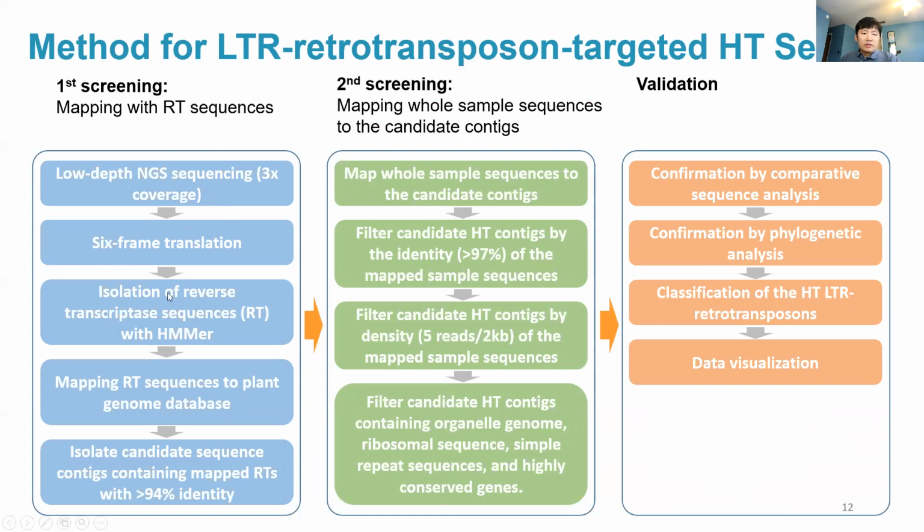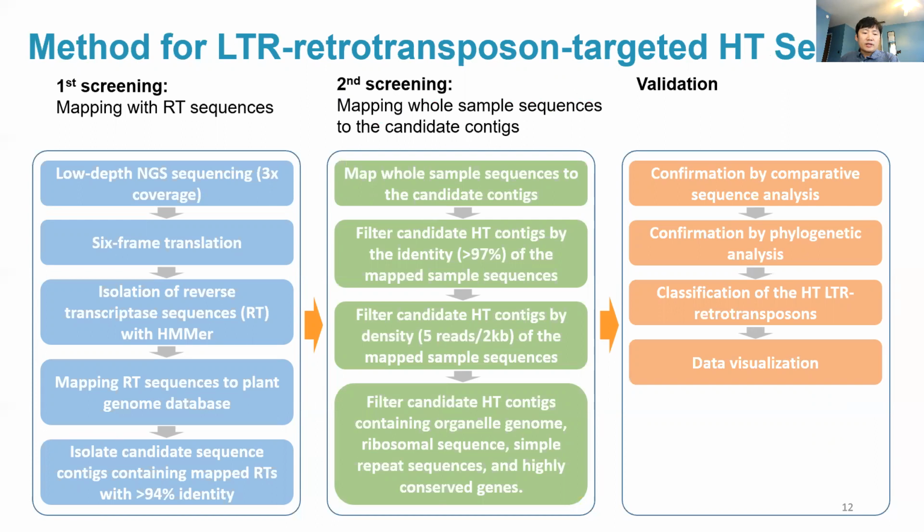And using the hidden Markov model, reverse transcriptase containing sequence reads were isolated. And these reverse transcriptase sequences were mapped to a total of 115 angiosperm genome sequences.